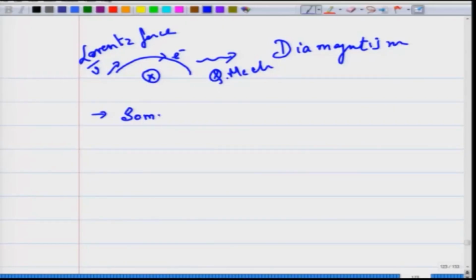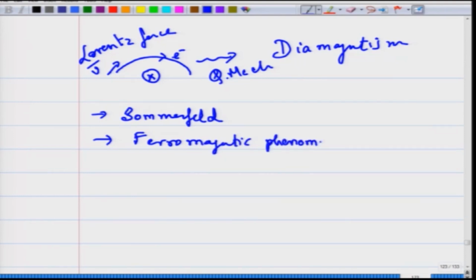And this finally leads us to the drawbacks of Sommerfeld's model. Some of the drawbacks are that ferromagnetic phenomena cannot be explained through Sommerfeld's model. Insulators cannot be explained. How do you get insulators for a given material? How does it become insulating? Cannot be explained.